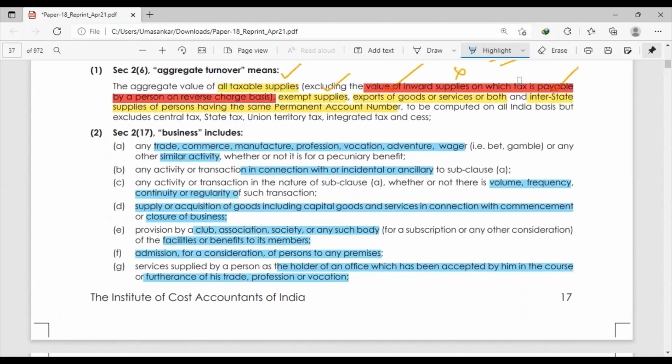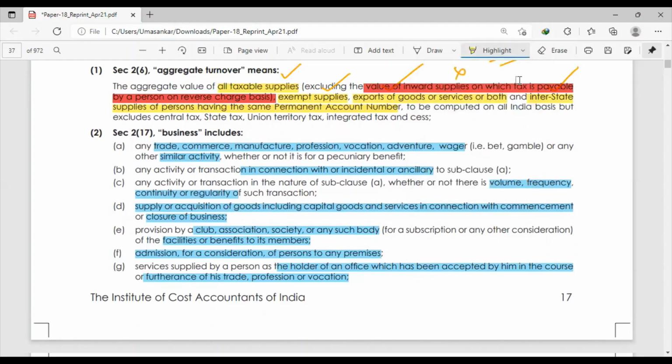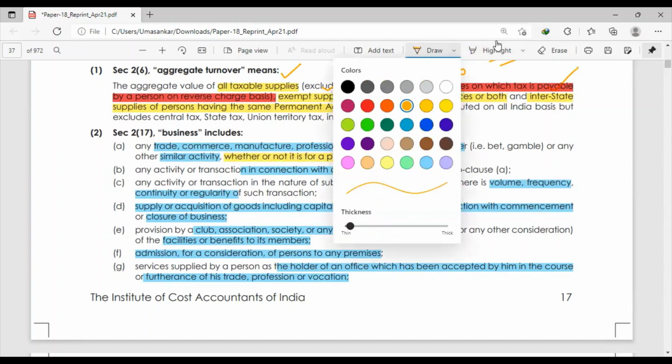Now let's come to the first point we have already studied. Okay. So what it says, any trade or commerce, manufacture, profession, vocation, adventure, or wager, or any other similar activity, whether or not it is for a pecuniary benefit. So what is pecuniary benefit?